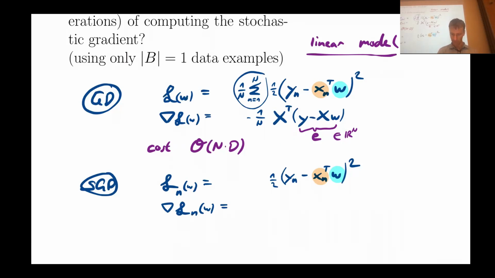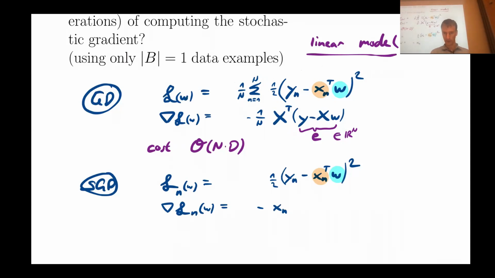So now we don't have a sum. And you can do the compute, and it's really the same computation as when we compute the gradient of this thing, because it is just the inner part here. And you will see that the gradient of just this Ln is simpler.